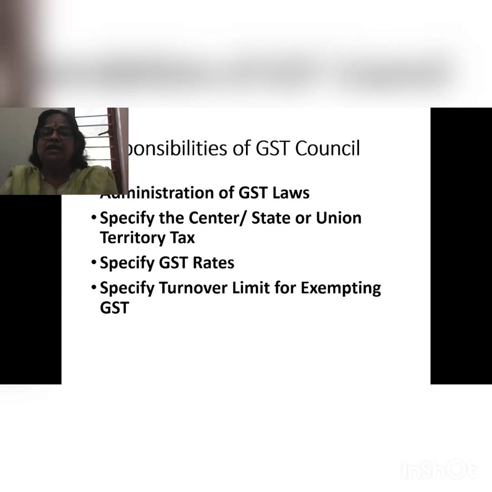They have doubled it actually. That means for normal states, if the aggregate turnover is above 40 lakhs, they have to have compulsory GST registration. And for northeastern states and hilly states, it's 20 lakhs. So earlier the limit was 20 and 10 lakhs. Now it is increased from 2019 onwards to 40 lakhs and 20 lakhs.